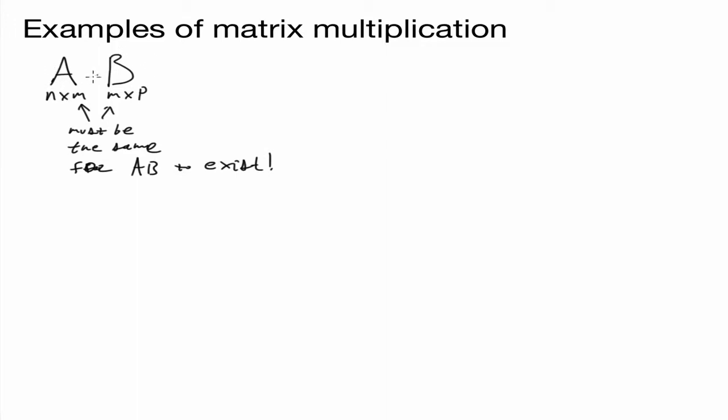So we need those to be the same, and the output, C, is going to be n by p. It'll be a different dimension. So it's going to have the same number of rows as A and the same number of columns as B. Okay, so that's how it works.